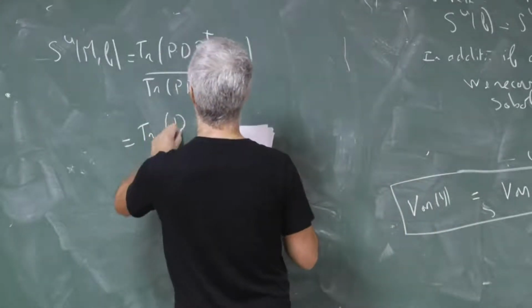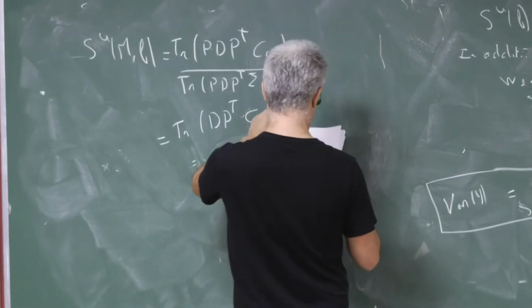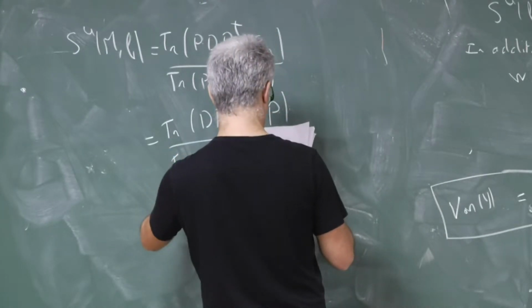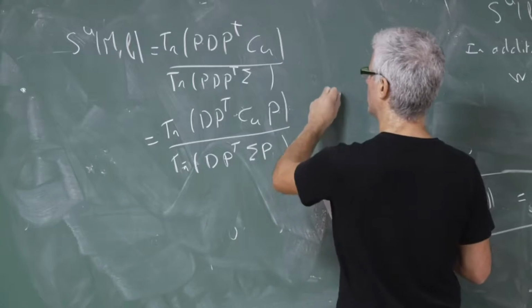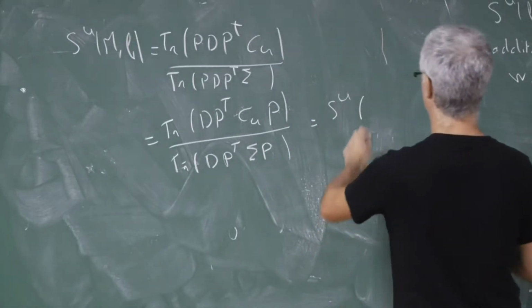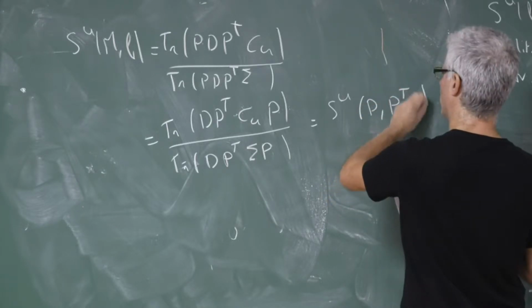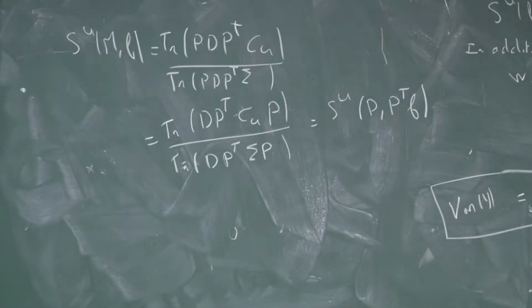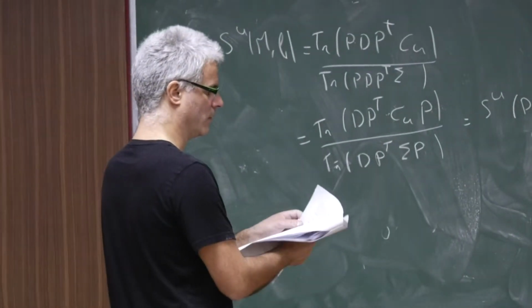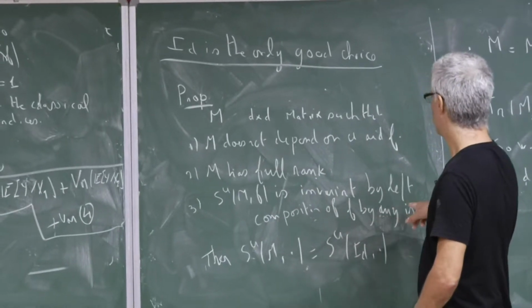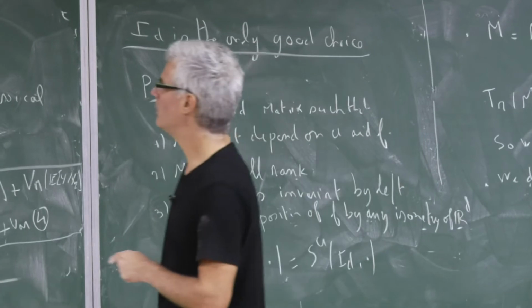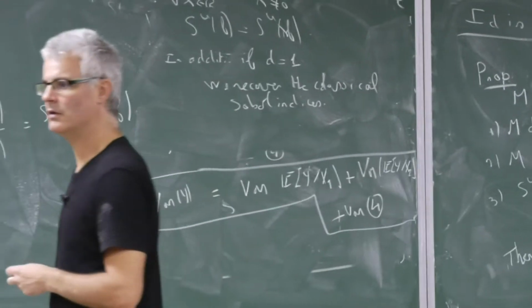So I can say that this is D P transpose C_U P divided by the trace of, so this is just the D-sensitivity index of the function P transpose F. But since here we want that it is invariant by left composition by isometry, we can now assume that our matrix M is diagonal.